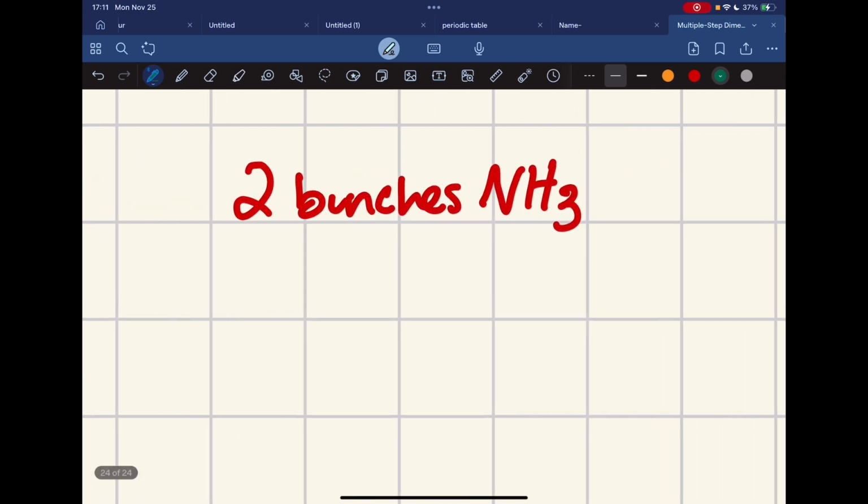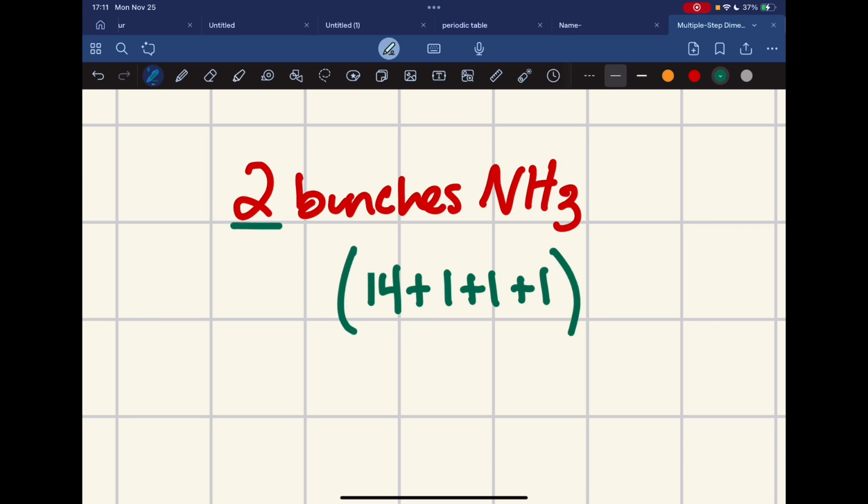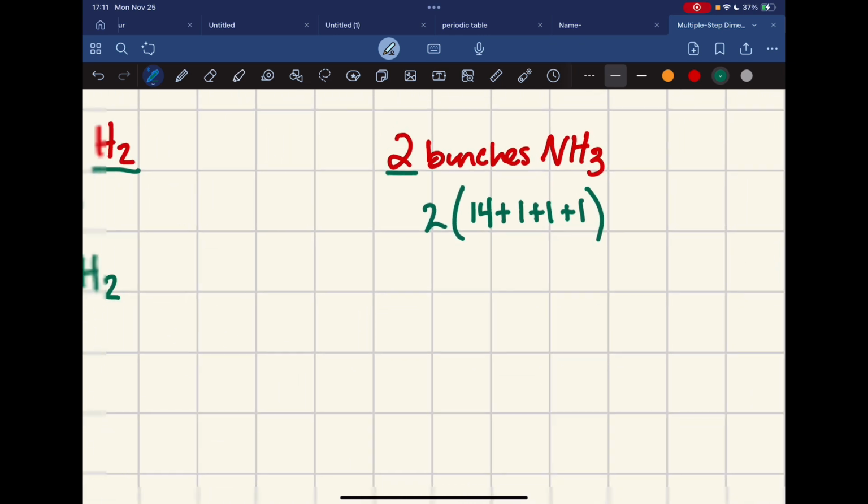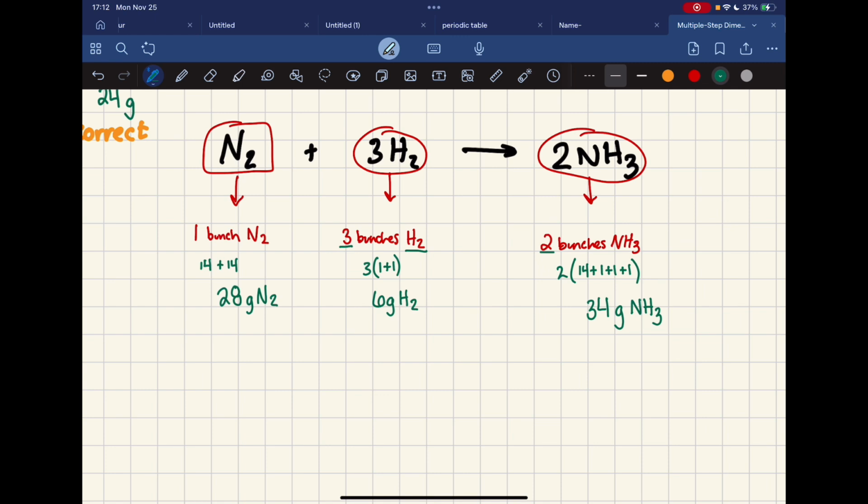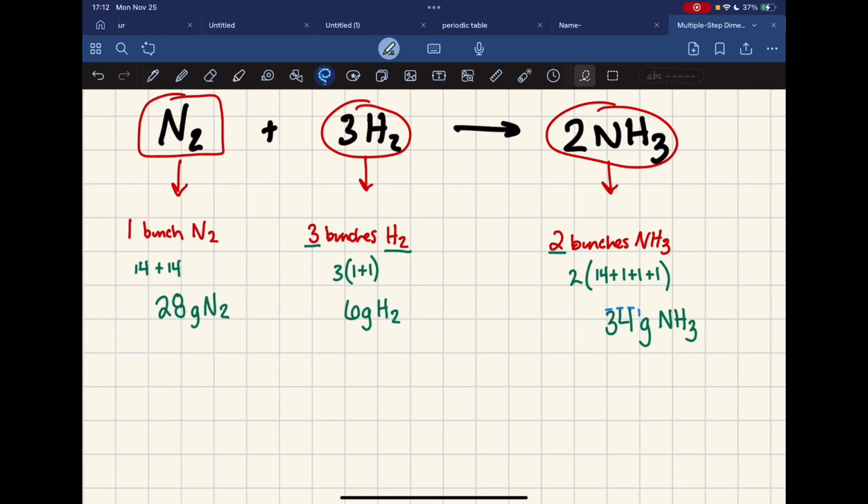And we'll do it for NH3 as well. That's 14 plus 1 plus 1 plus 1. But of course, I've got 2 of those. So 2 17s is going to be 34 grams of NH3. All right, so this is all just getting ready to answer the question.